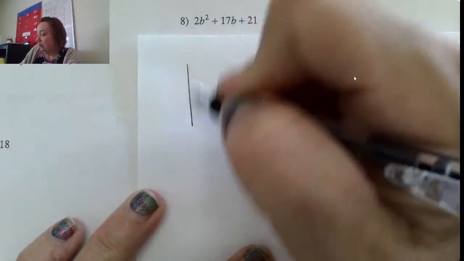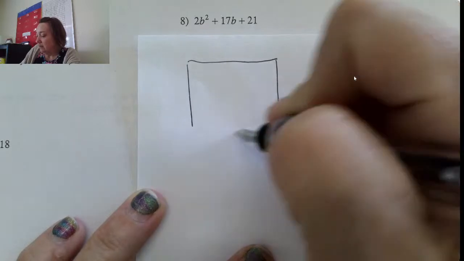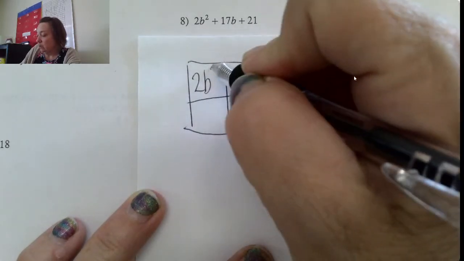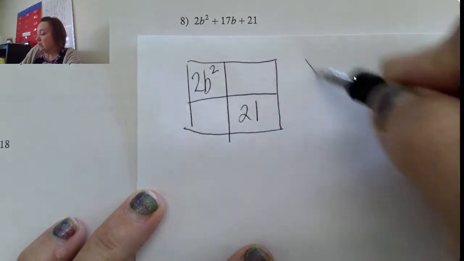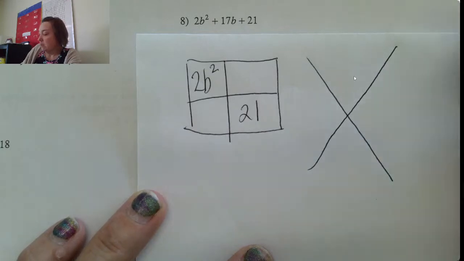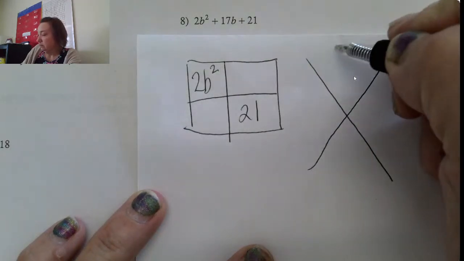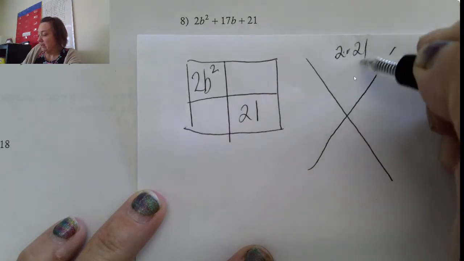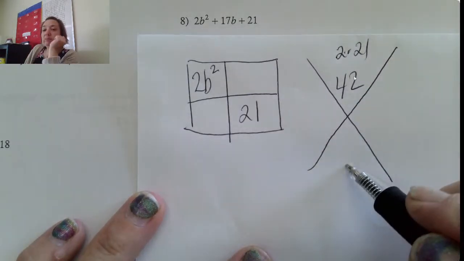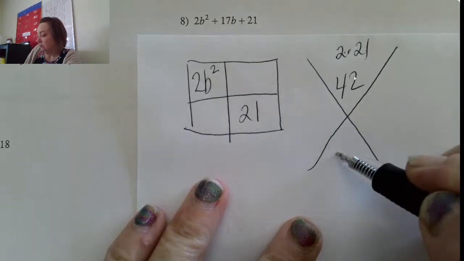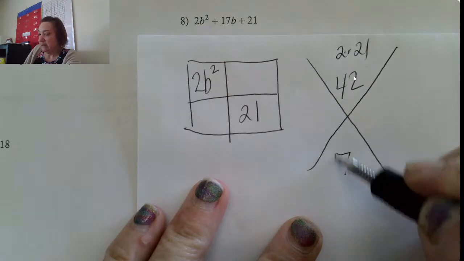Okay, so 2b squared here, 21 here. This one's pretty easy, y'all. All right, so what goes up here? 42. What goes down at the bottom? 17.